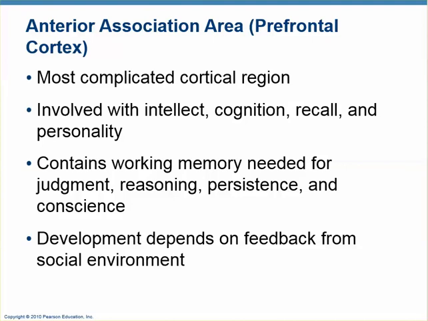So in the front, in the prefrontal cortex, there's a part of the brain where your intellect and your cognition is. It's where memory happens. This is where conscience is seated, reasoning, executive functions.